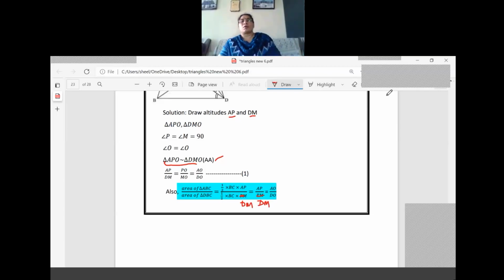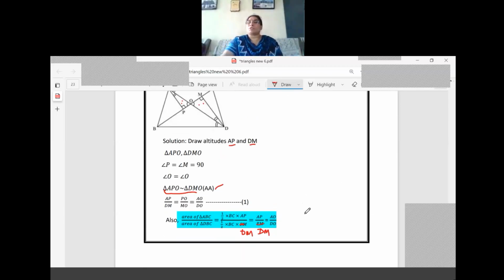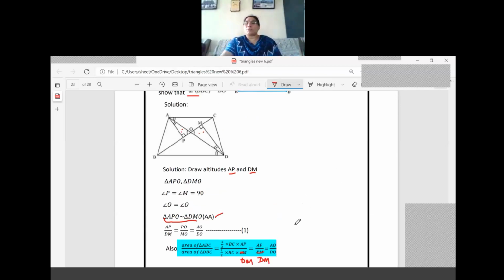Okay, so listen, all of you. What is the normal formula for any triangle? Half base into height. Both have a common base, which is BC, right? Now by construction, AP is perpendicular here and DM is the perpendicular. So half into BC into AP divided by half into BC into DM.